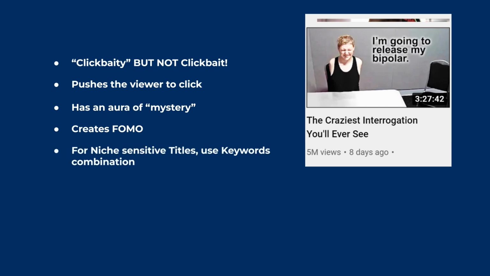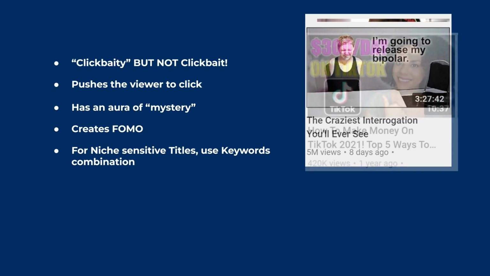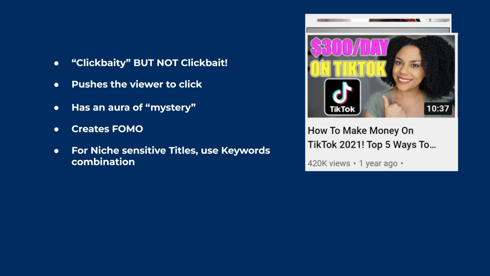Now this also depends on your niche, of course, and for niche-sensitive titles you need to use some keyword combinations that will give you more SEO reach. For example, if you are in the money making niche and you want to make a video about how to make money on TikTok, you need to have in your title the words "make money on TikTok."